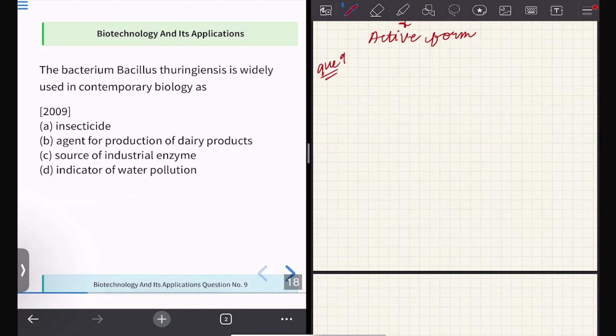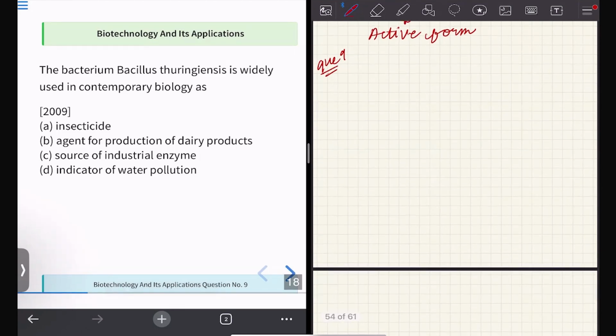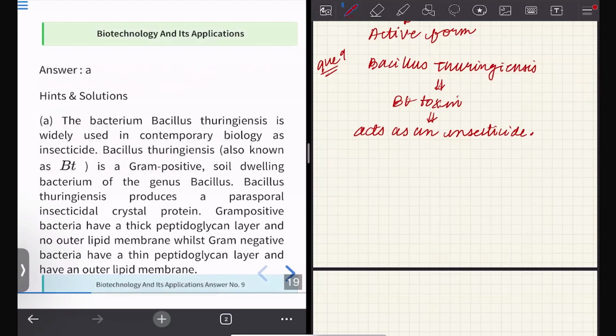The bacterium Bacillus thuringiensis is widely used in contemporary biology. How is it used? It is used as an insecticide. It synthesizes Bt toxin, which acts as an insecticide. So the bacterium Bacillus thuringiensis is widely used.